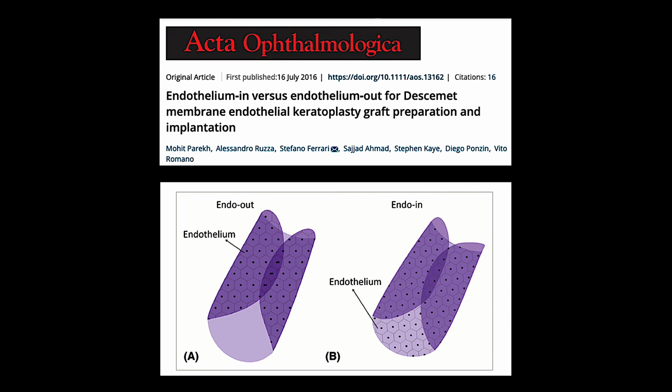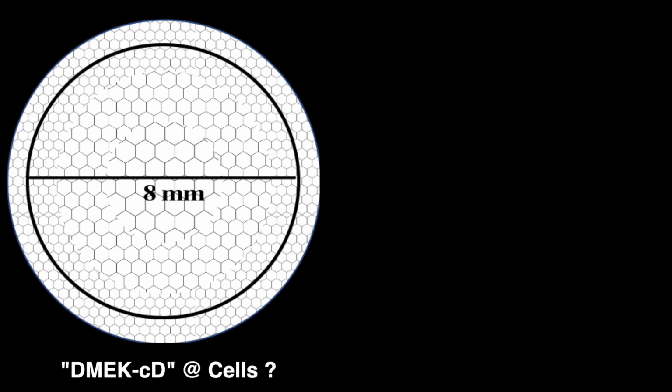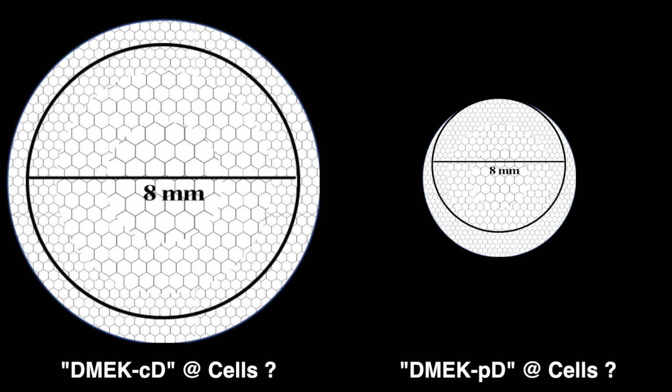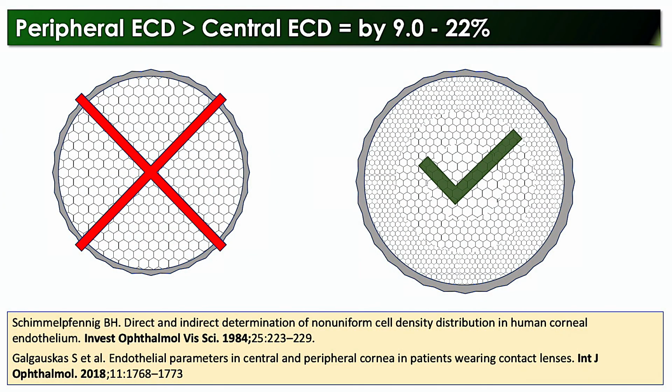That is why there are so many variations of techniques in DMEK surgery. This video tells a story about the use of peripherally trephinated donor tissue for DMEK surgery, or DMEK PD. The idea is to give more while keeping the surgeon's own comfortable technique the same.